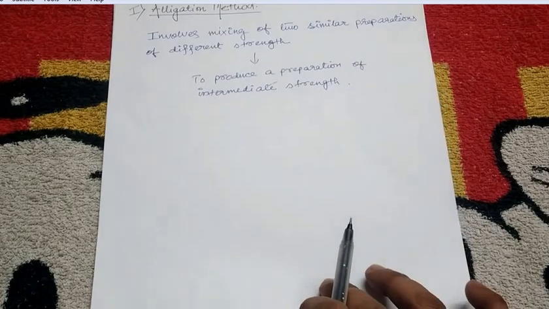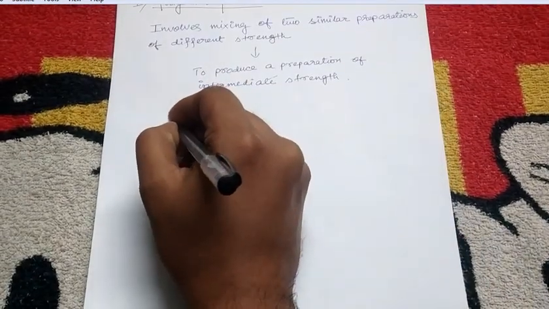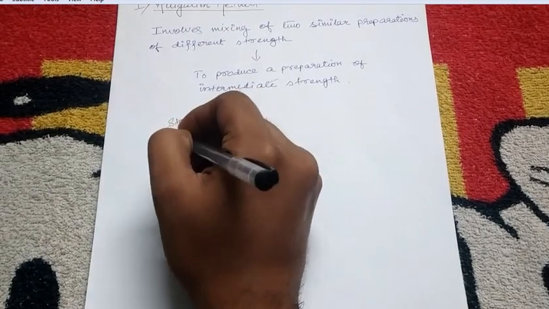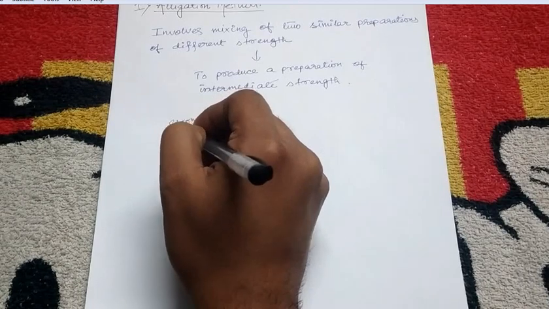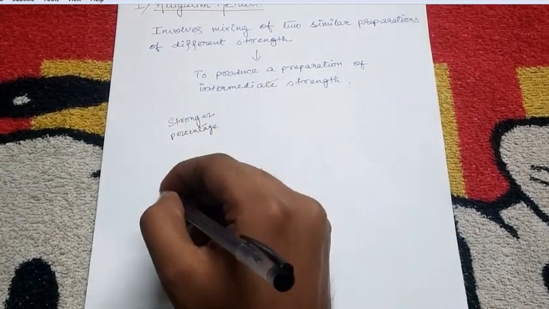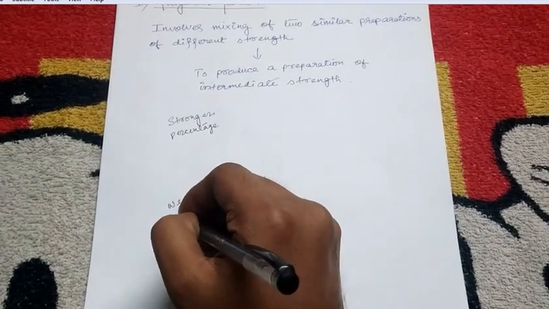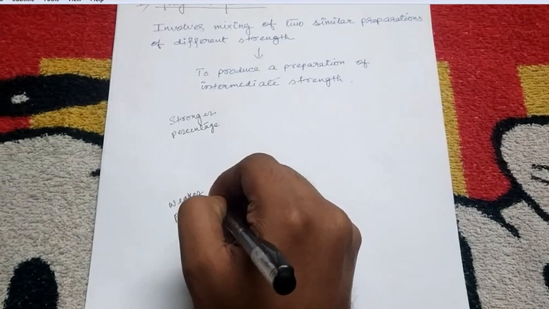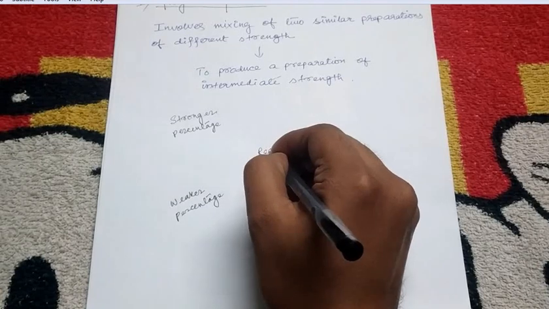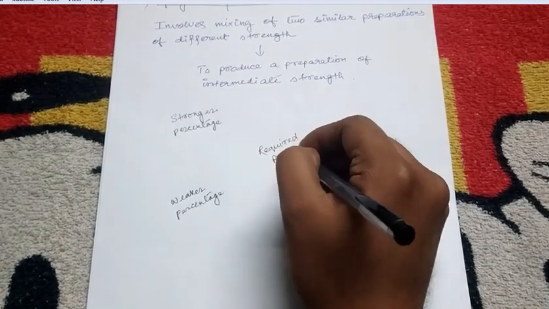Now the formula used is: the stronger percentage, which is given in the question, is written like this, and then the weaker percentage is written below, and the required percentage is written in the middle.